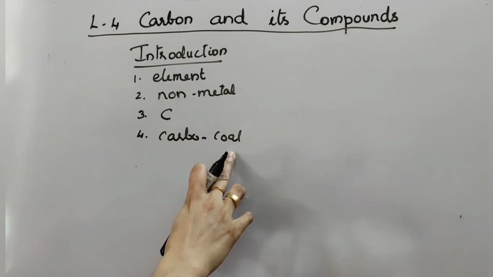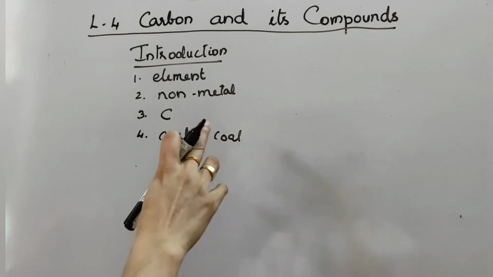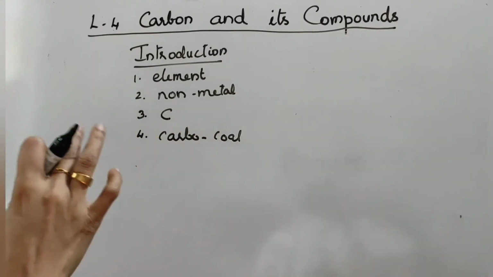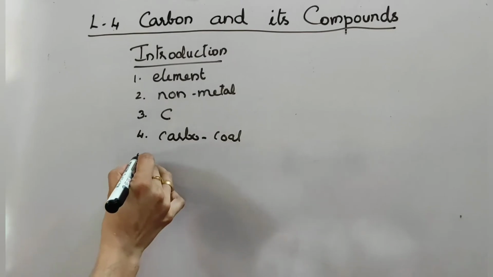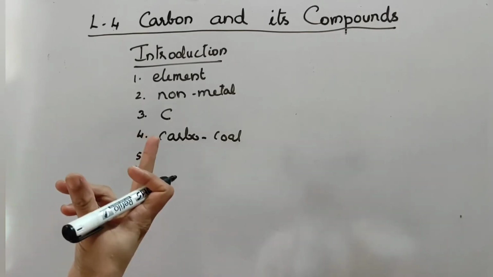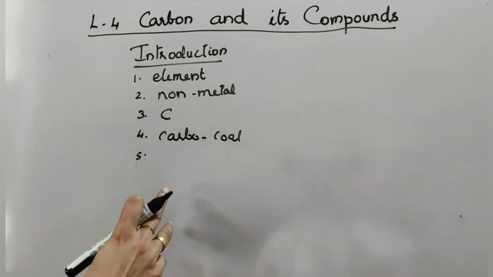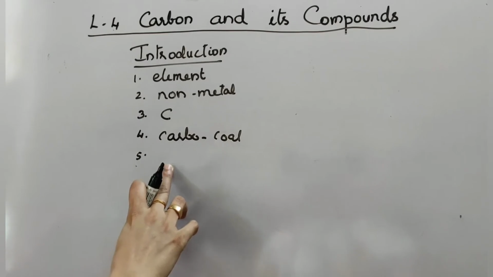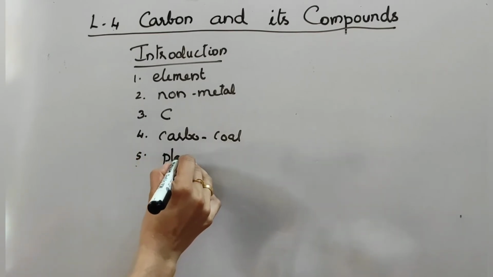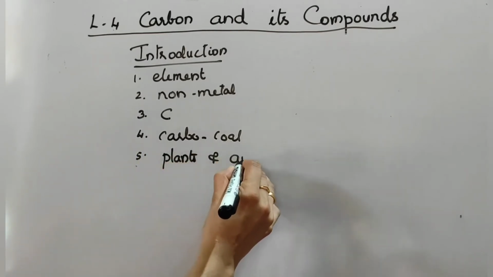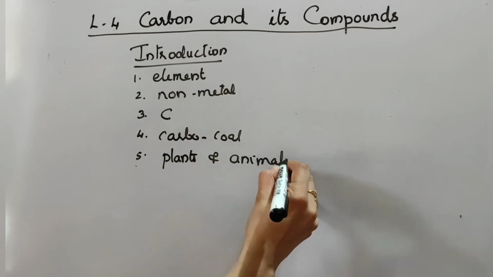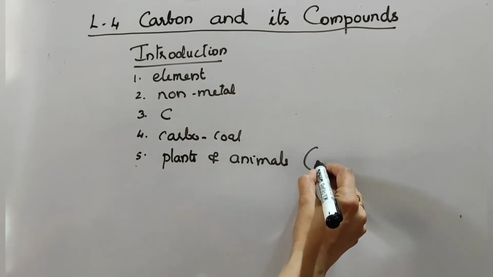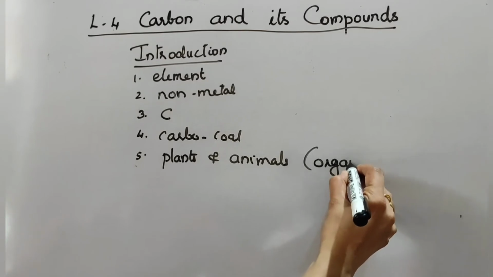The amount of carbon present in the earth's crust and the atmosphere is very small. Next, fifth point: all living things, that is plants and animals, are made up of carbon compounds. A very important thing is that plants and animals are made up of carbon compounds, which we call organic compounds.